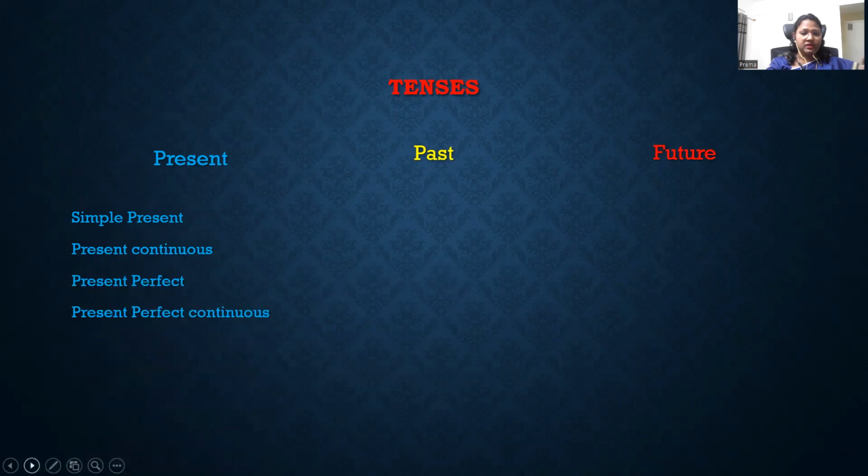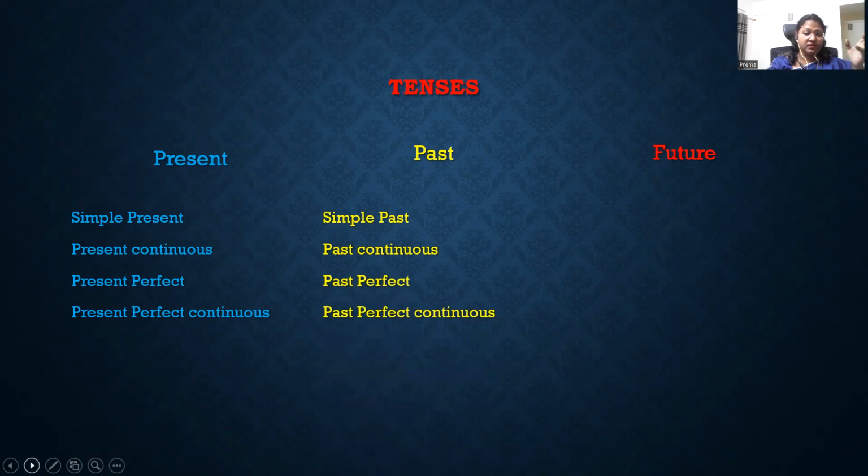Past can also be divided into four types: simple past, past continuous, past perfect, and past perfect continuous. And future, in the same way, can also be divided into four: simple future, future continuous, future perfect, and future perfect continuous. So in total we have 12 types of tenses in English.